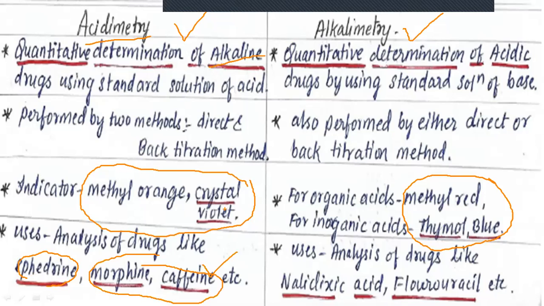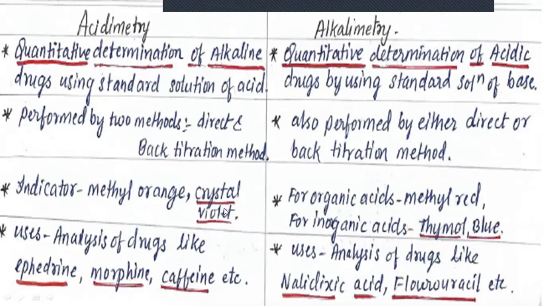Alkaline substances will be estimated by acidimetry, and acidic substances such as nalidixic acid and chlorouracil, which have an acidic nature, will be estimated by alkalimetry. Okay, so these are the four important differences between acidimetry and alkalimetry, right?